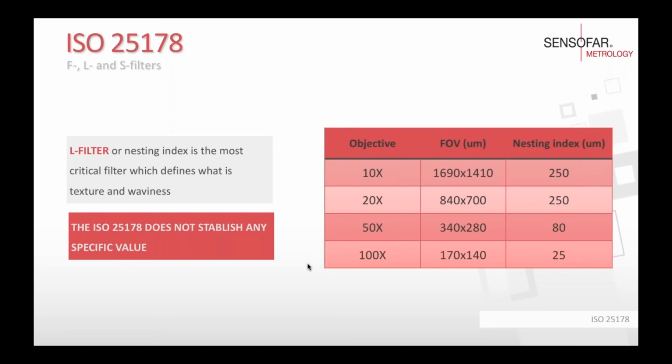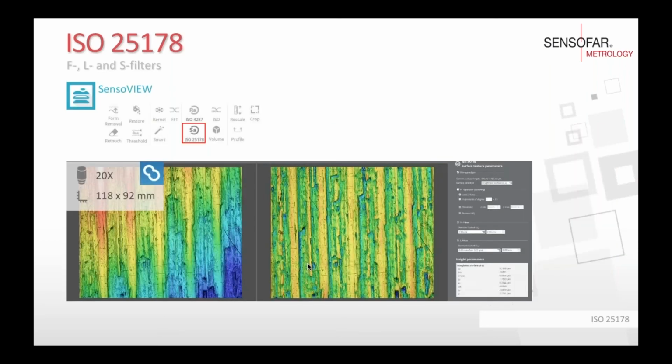Even though the ISO doesn't give any established value, it does give some guidelines. Here we have a chart in which, depending on the magnification and the area, the ISO is recommending different nesting indexes. Those recommendations are taken into consideration in our Sensofar software, which is our analysis and visualization software.